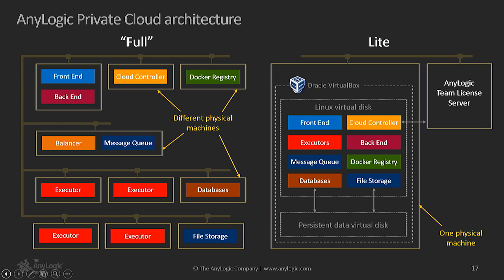So there are different types of these services. Some of them may be created in several instances. For example, model executors, which are created dynamically when the cloud balancer decides to increase the number of parallel runs.